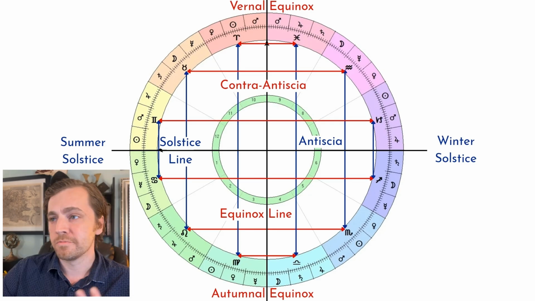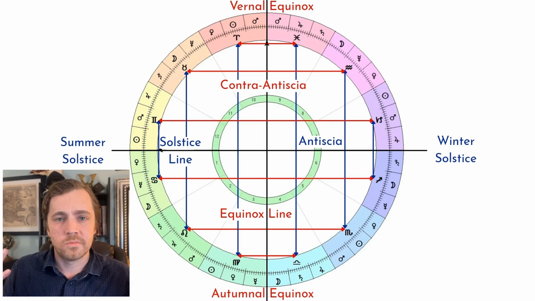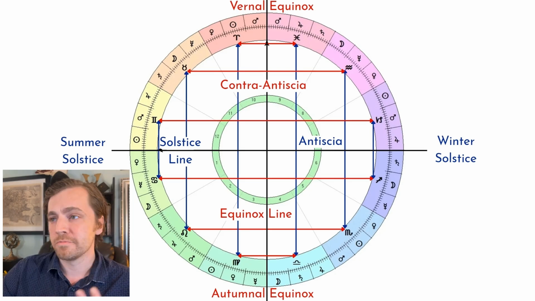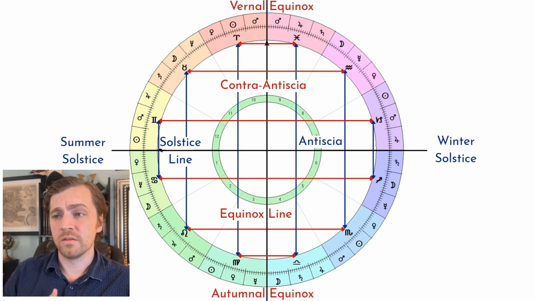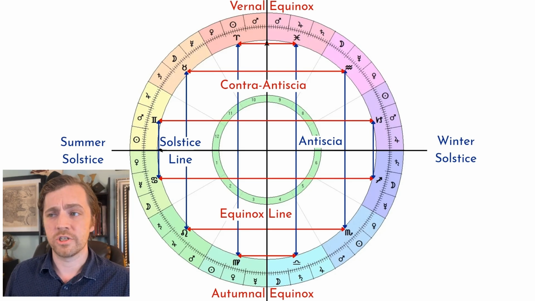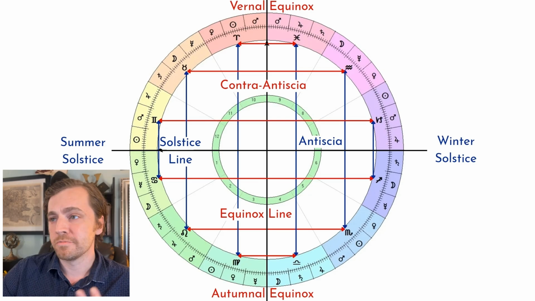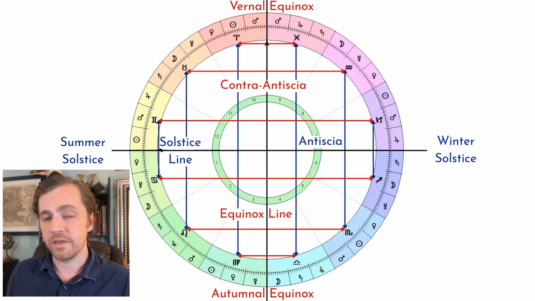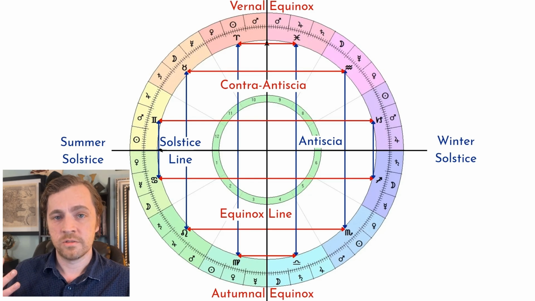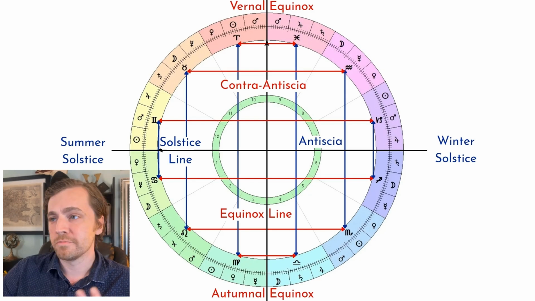Just like with the square, the two planets bump into each other, or they have a contentious relationship. They are at odds, they disagree. But there's kind of different ideas about what these Antiscia and Contra-Antiscia relationships mean, or what the quality of those relationships are. But I don't want to go into that here. This is just basics of Antiscia and Contra-Antiscia.